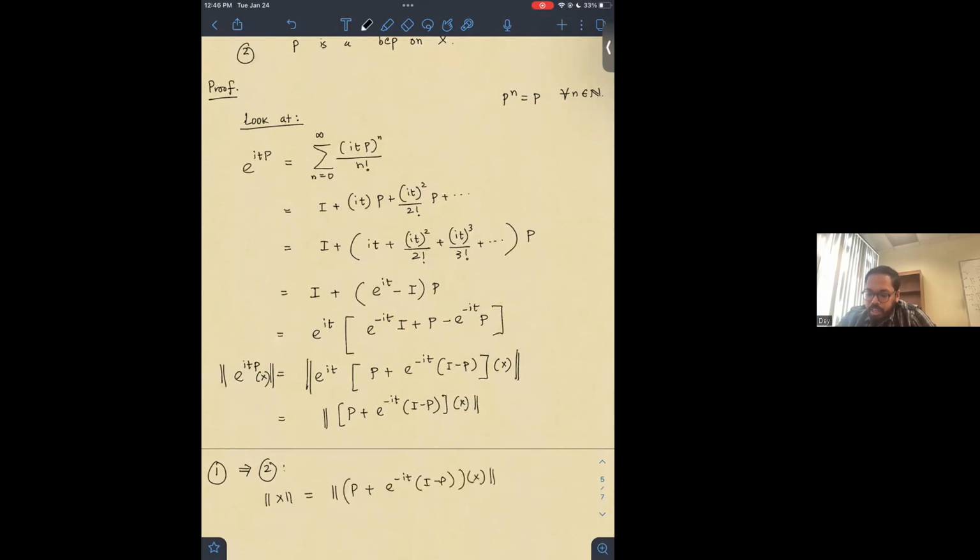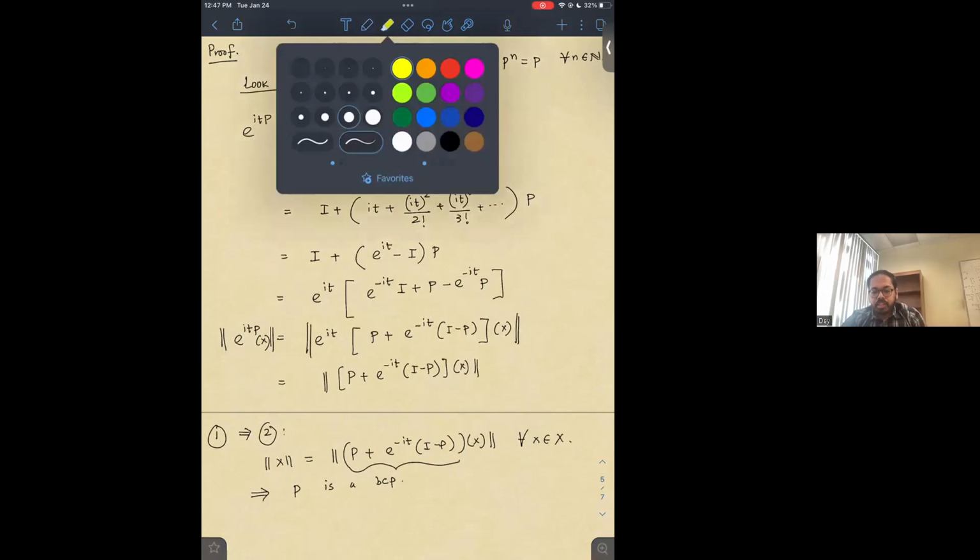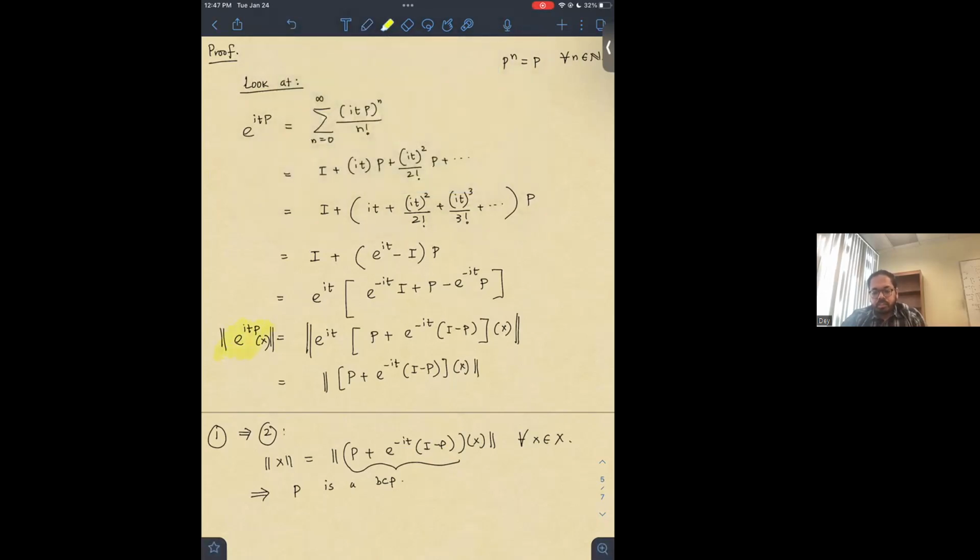And that actually proves that this operator is an isometry, and this is true for all x. So that implies P is a bicircular projection. That's one implies 2. One implies that P is a Hermitian projection, so this operator right here is an isometry, and that actually proves that the operator on the right is an isometry.